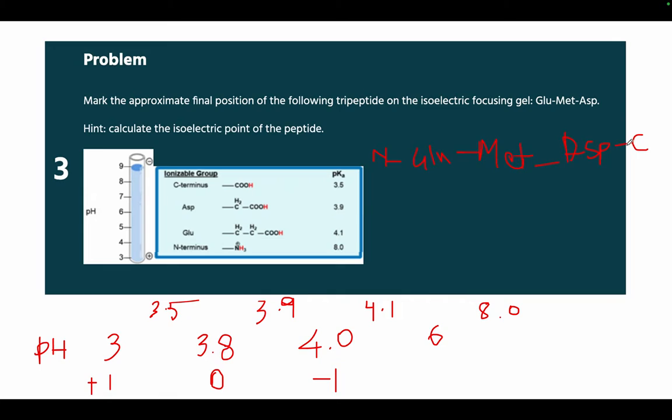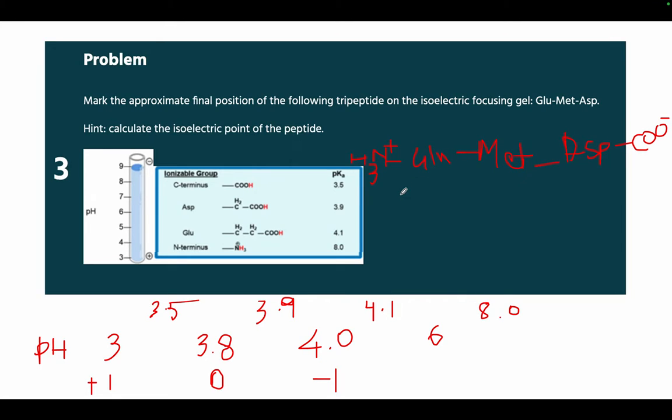We want to know what is the pI, what is the isoelectric point of this peptide. Now, any peptide will have an N terminus and a C terminus. So this will be NH3 plus, and this will be COO minus, right?